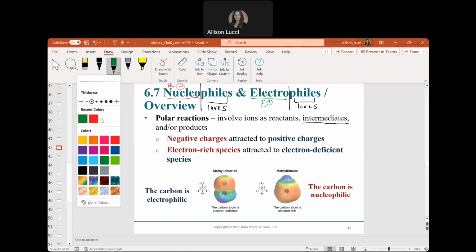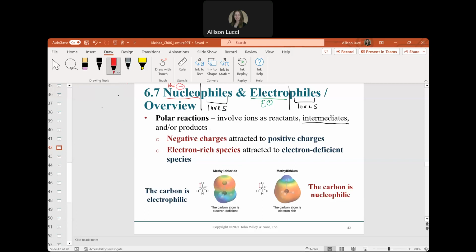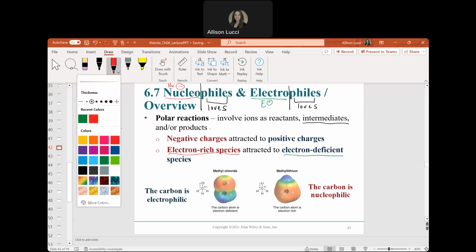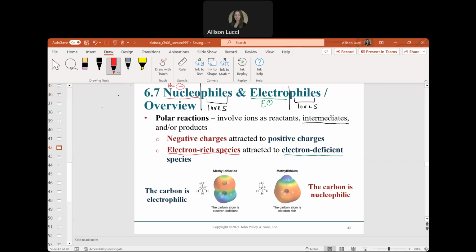Again, with a nucleophile, we have sometimes a formal negative charge species, and they are electron rich. So they are able to, we'll see in the next slide, donate electrons, whereas our electrophiles are generally electron deficient or able to accept an electron pair. So we see in our examples down here that we have this methyl chloride molecule, and chlorine is very electronegative, so it's what we call an electron withdrawing group.